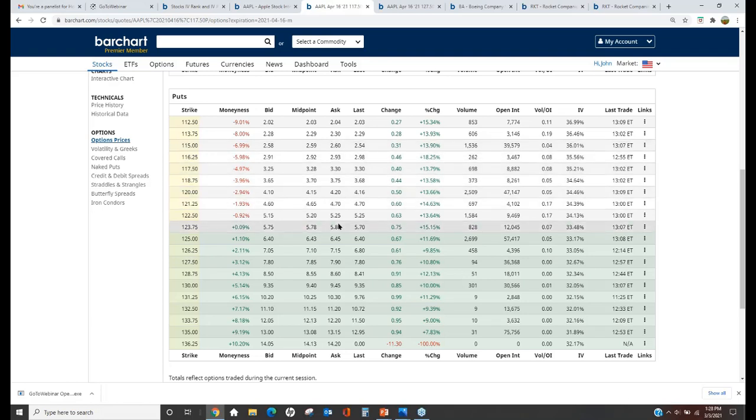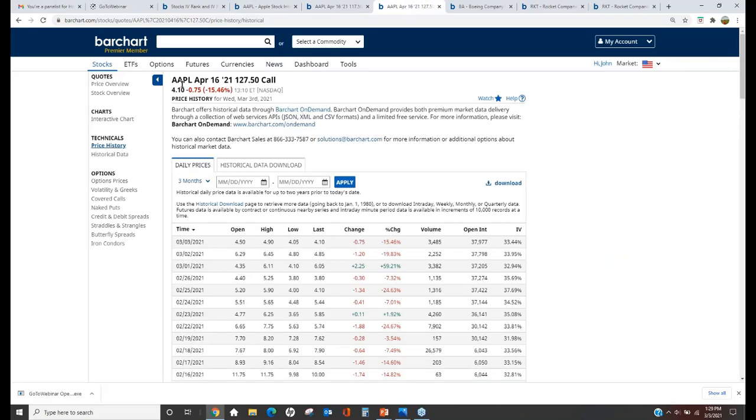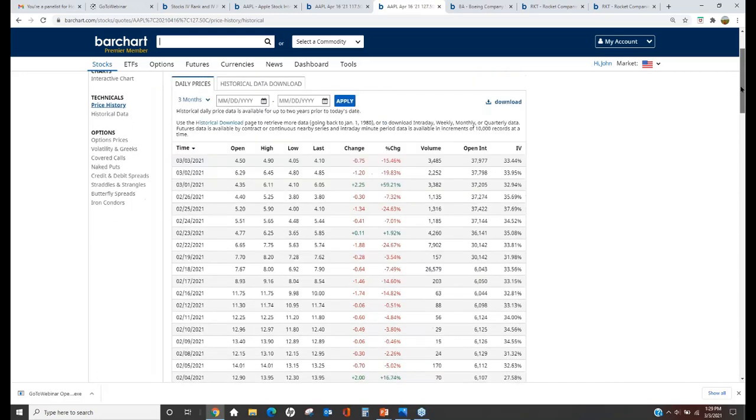So what I can do is I can go and click on any one of these particular strikes over here. And under price history, I can open up a price history, and that's what I've done up here. I've opened a tab already, and you can see here's the price history of the April 16th 127.5 calls, and it shows you what, excuse me, those are the calls.